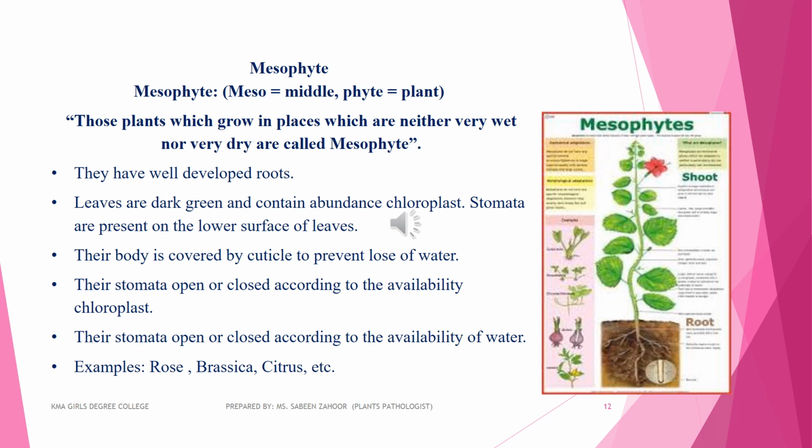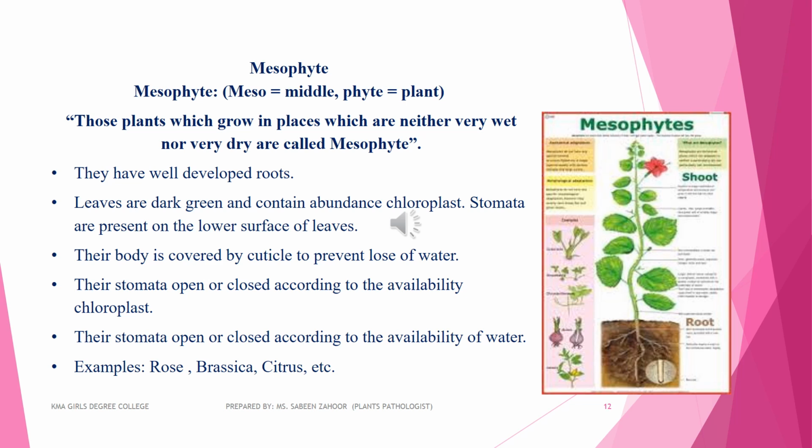So those plants which are growing in our surroundings are mostly mesophytes, right? And because Karachi is a semi-desertic area, most of the plants in Karachi are desert-like. So desert-like plants, meaning xerophytes, are also present in Karachi city, right?